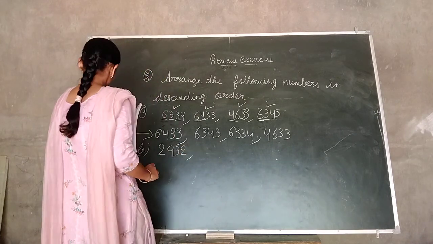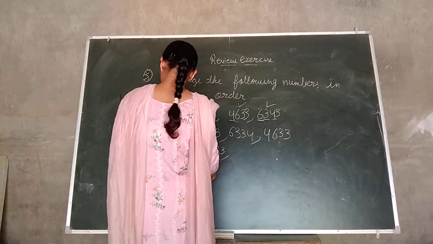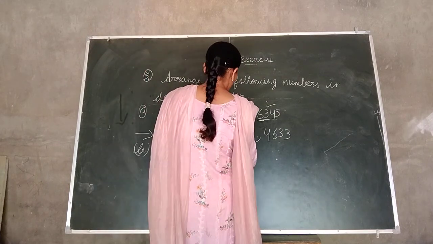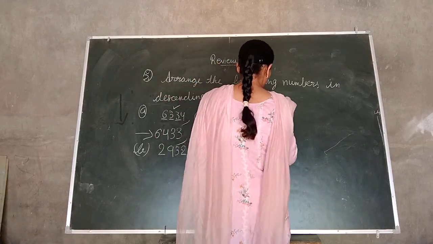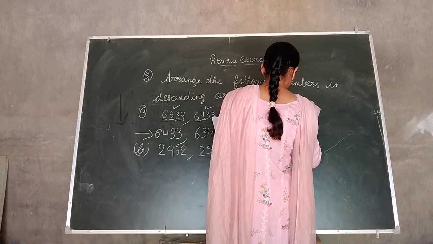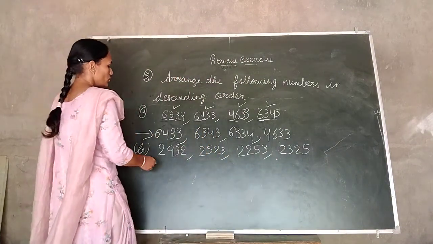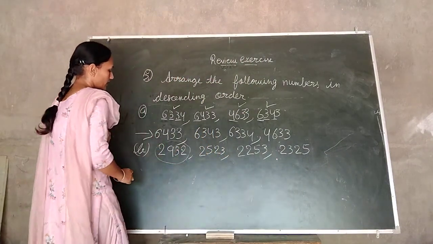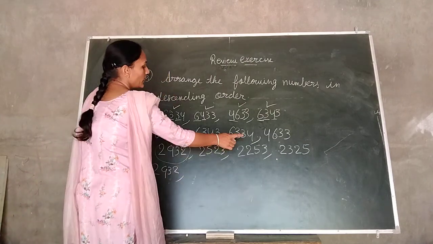2932, 2523, 2253, 2325. Which is the greatest? 2932. Next we have three numbers.